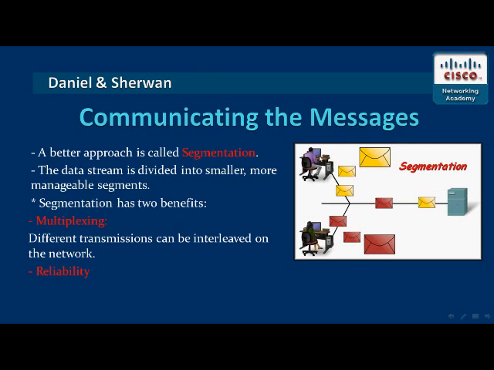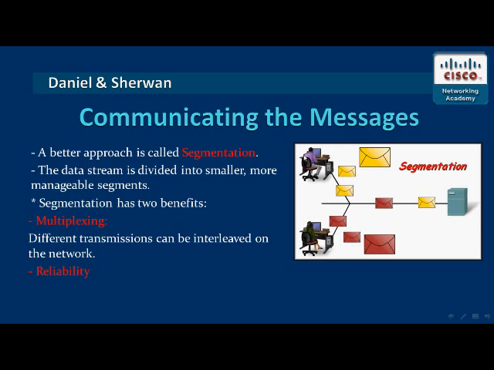This is called multiplexing, which means they can send one or more packets or messages at a time. As you can see, host A is sending yellow packets or messages, and host B is sending red packets or messages to the same server.